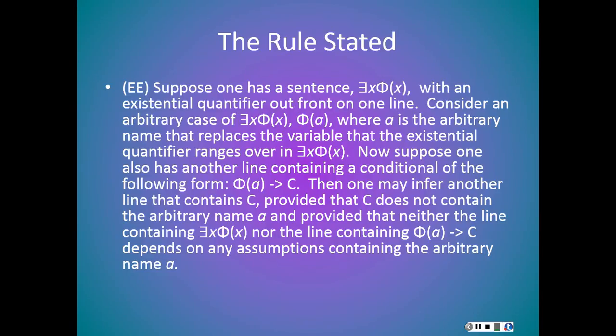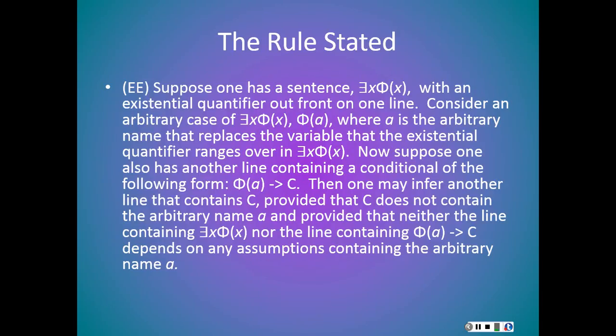Okay, anyway, getting back to the statement of the rule, suppose one does have such a sentence with an existential quantifier out front on one line. Now consider an arbitrary case of that sentence, phi a, where a is the arbitrary name that replaces the variable that the existential quantifier ranges over in the original sentence.